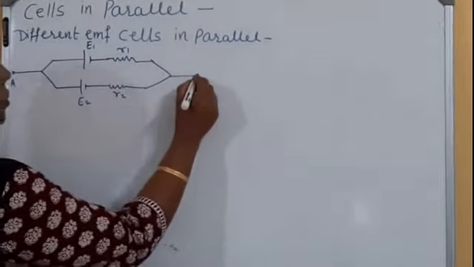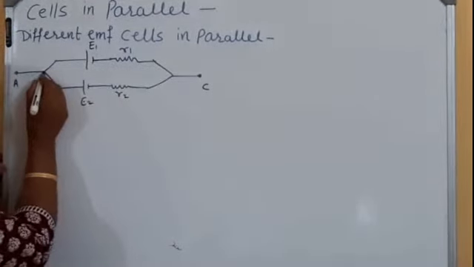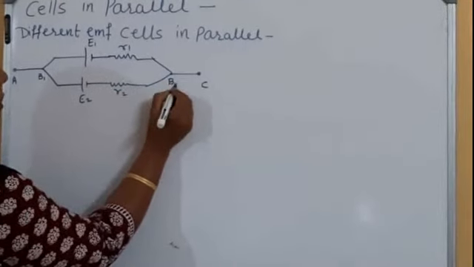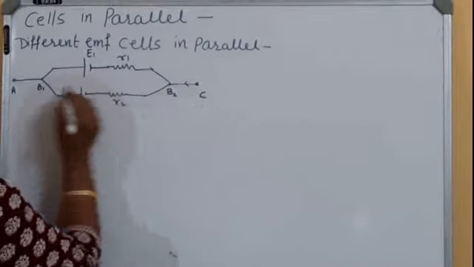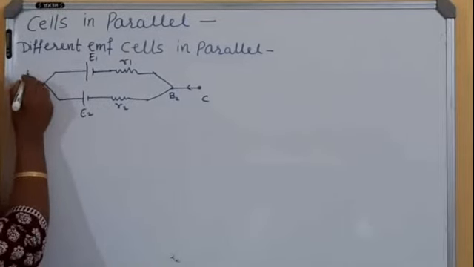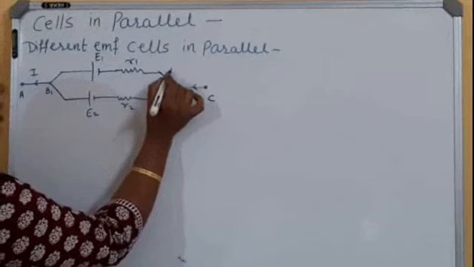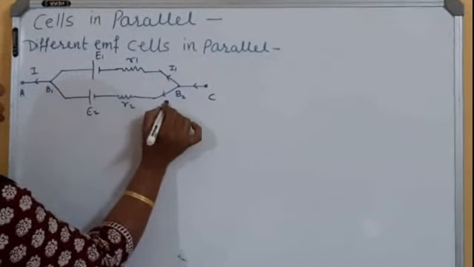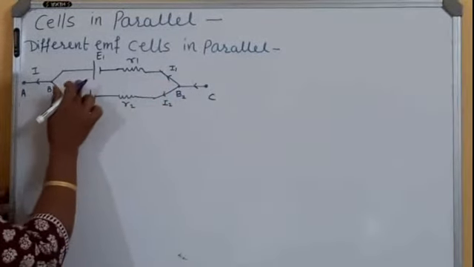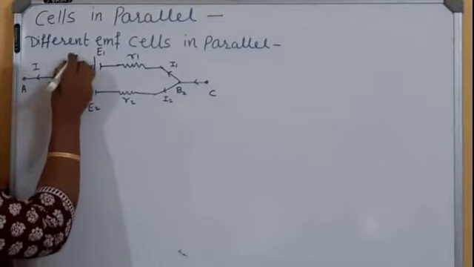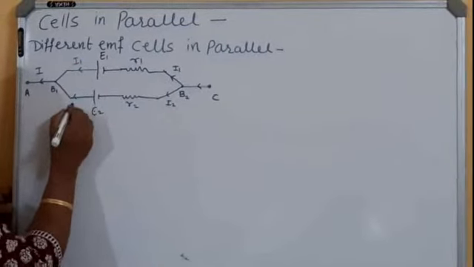Here this junction point, let it be B1, another junction point, let it be B2. Total current in the circuit is I. So here current at junction B2 is divided, so it is I1, this is I2. So current due to cell 1 is I1 and current due to cell 2 is I2.